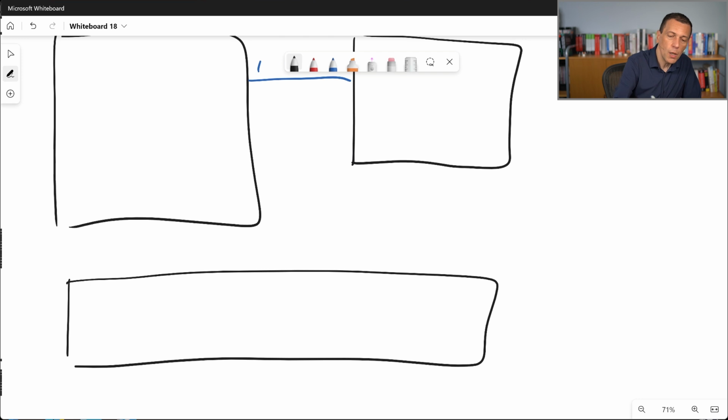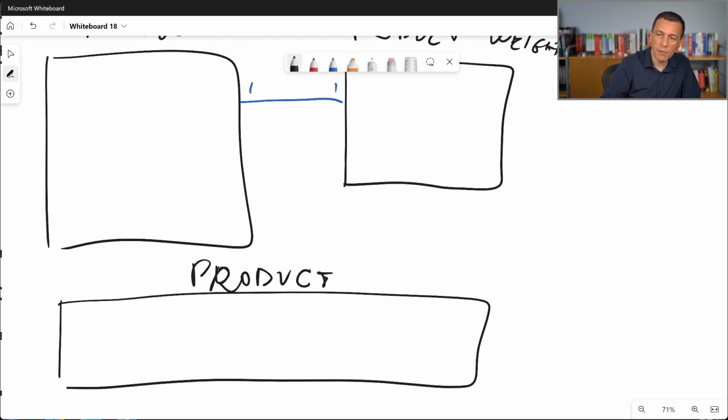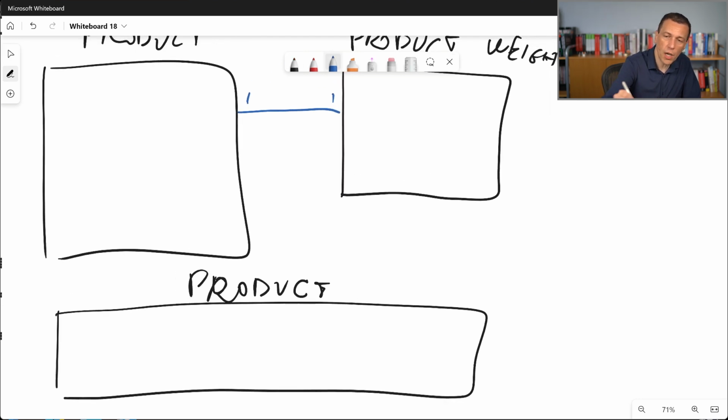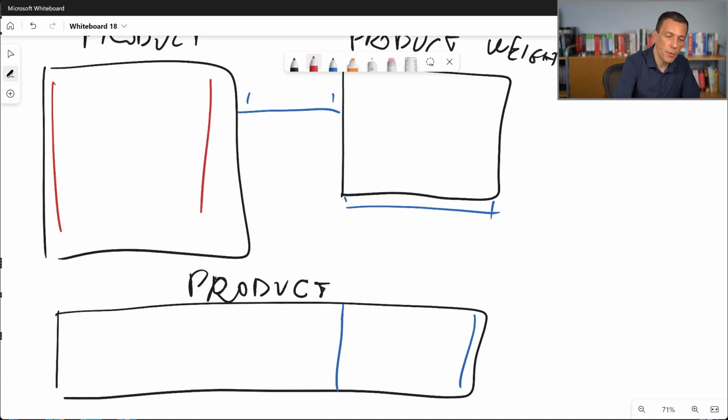table where the values coming from the product weight are just a few columns. So imagine that these are the columns that we have here in this area of the product table, and these are the columns coming from the product table.